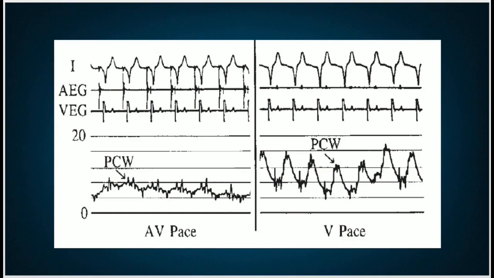phasic aberration. In contrast, during ventricular pacing, one can see that the mean pressure is elevated to between 8 and 12 mmHg with large A waves that at times exceed 16 mmHg.